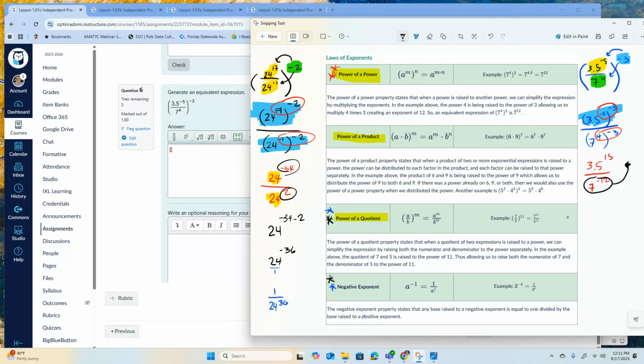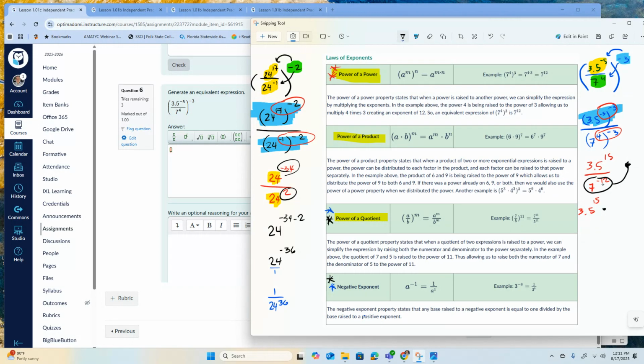Okay, that's basically what you're going to do. You're going to bring it to the top like multiplying. So on the top, I already had 3.5 to the 15th power. And now you're going to bring the 7 to the negative 12. You're going to bring it to the top next to the 3.5 to the 15th power. But now you're going to be multiplying.